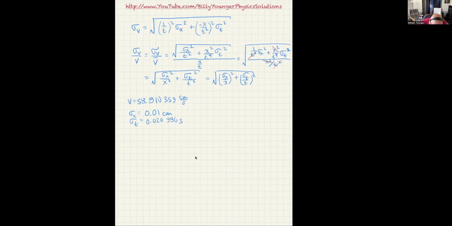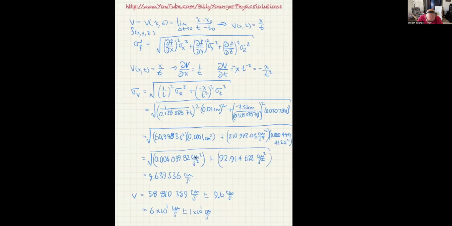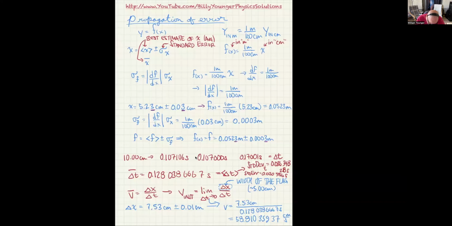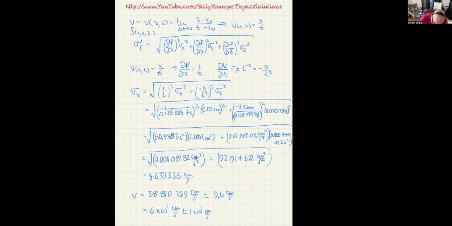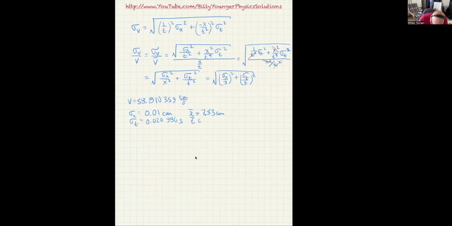And of course, our best estimate for x was 7.53 centimeters. Our best estimate for the time was the average we calculated, the average of those three, which turned out to be 0.128038.